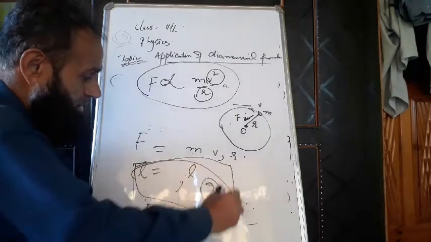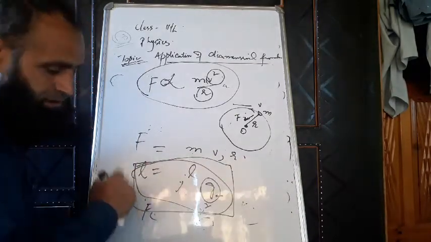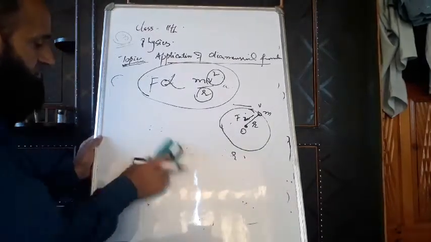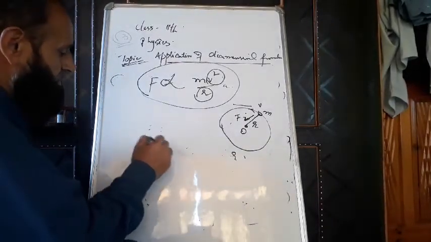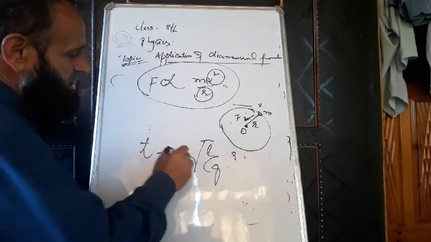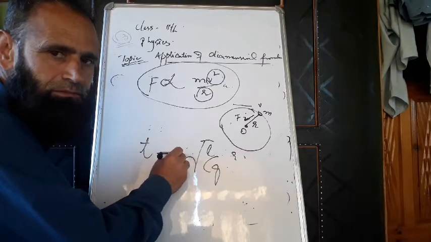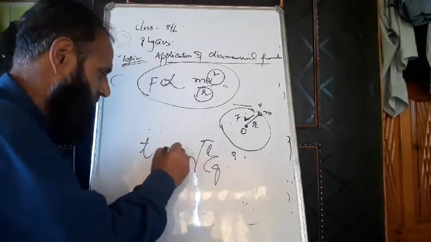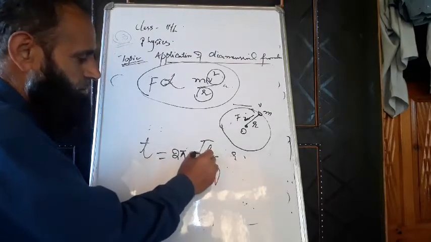I hope you can do this by yourself. For now, its equation would be T equal to the root of L divided by g, with a constant term K. For a simple pendulum, this constant is equal to 2 pi.